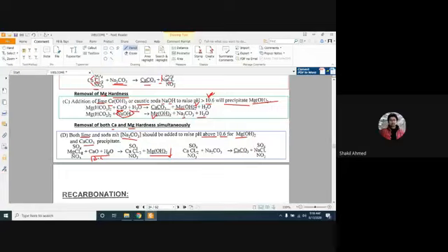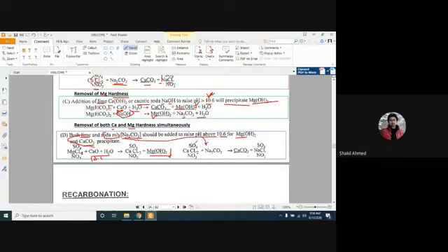And you have added lime, right? Lime is this here, and you have added soda ash, sodium carbonate, this one. You have added both.